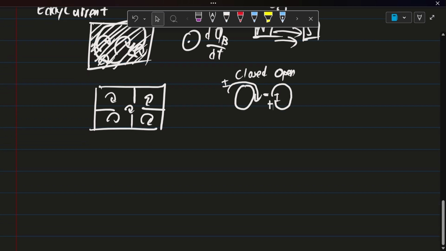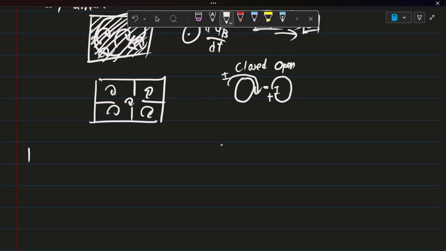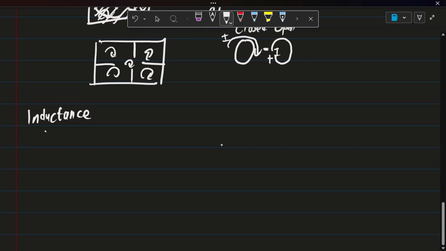So now I want to talk about inductance as a whole. Inductance is the same idea, in which you're dealing with a changing magnetic field, but instead we'll be doing it from the perspective of currents. There are two types of inductance: mutual inductance and self-inductance.